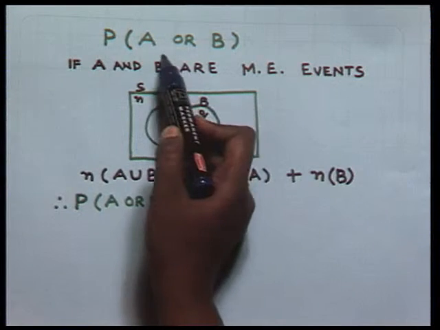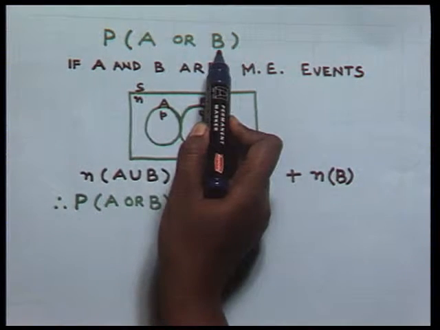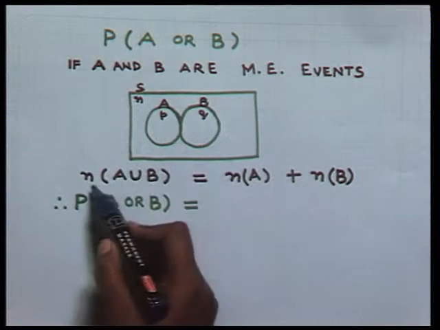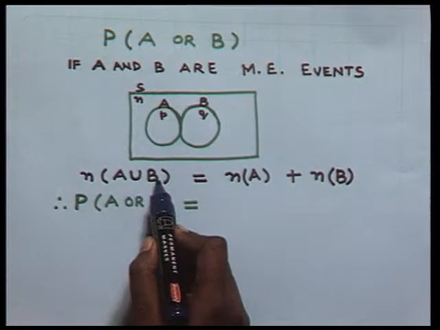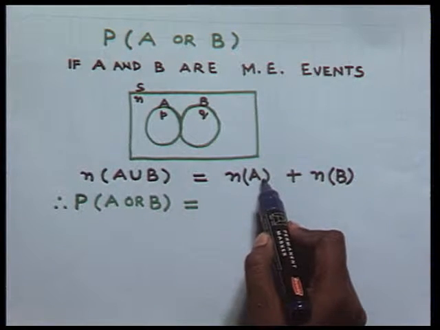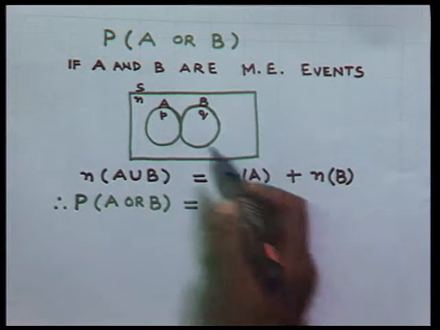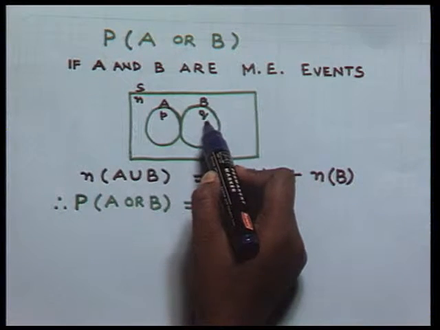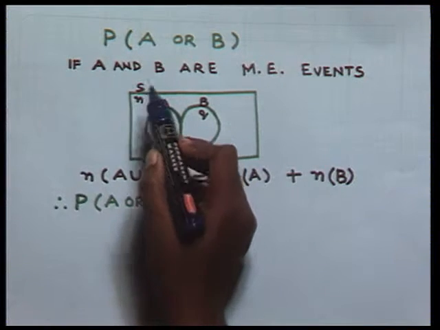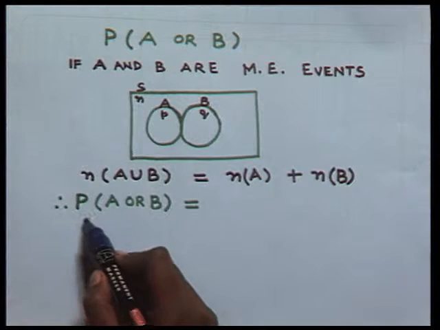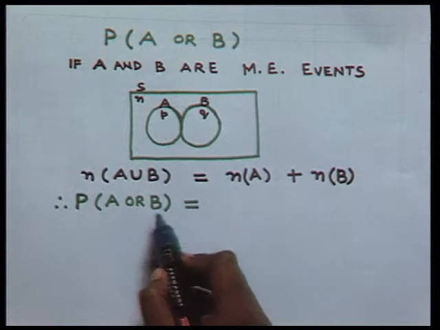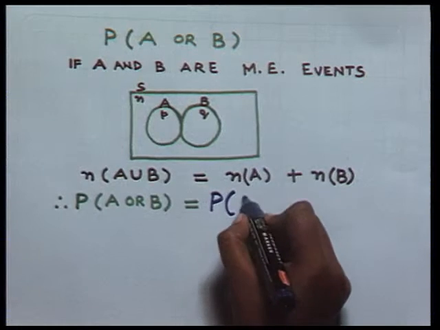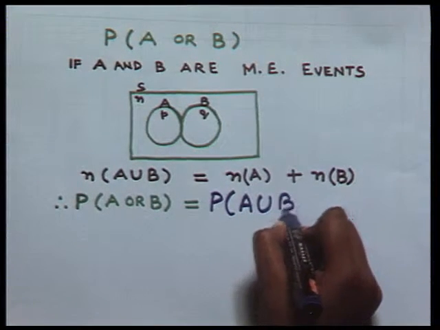Now, as we are given that A and B are mutually exclusive events, that means they are disjoint sets, and therefore, the number of elements in the set A union B is given by the number of elements in the set A plus the number of elements in the set B. Now, let us suppose that the number of elements in the set A is P, in set B it is Q, and the total number of elements in the sample space is N.